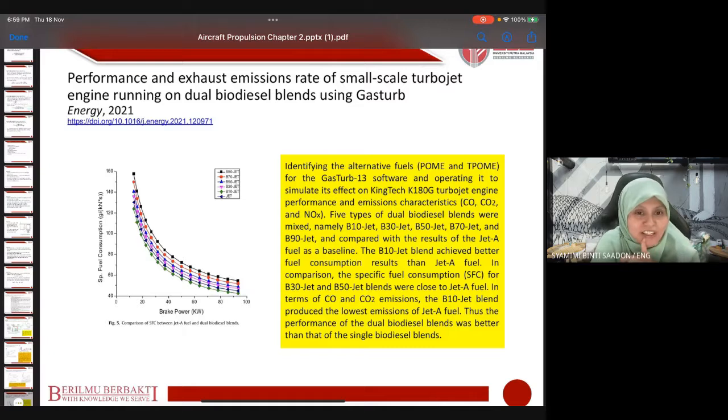This paper is part of the work by Ezani, who is also part of the team that does this research. They came up with a dual biodiesel blend that can be used in this turbojet engine and can increase performance and reduce emissions.